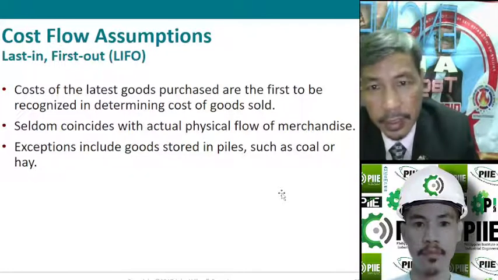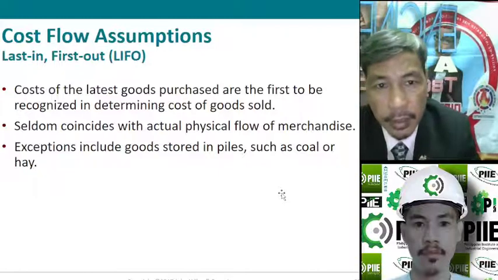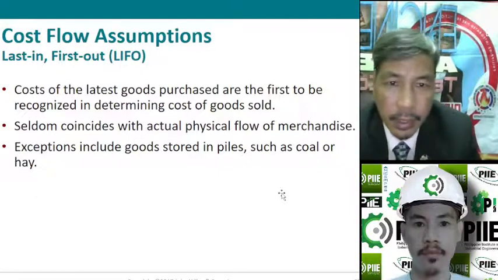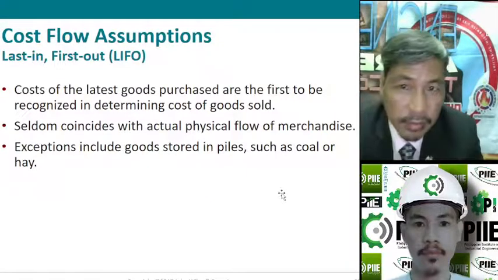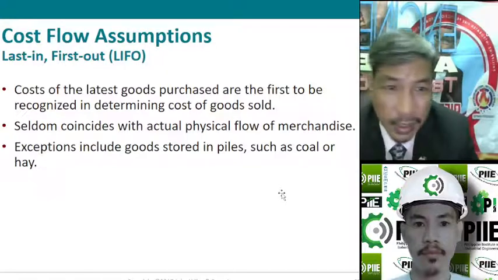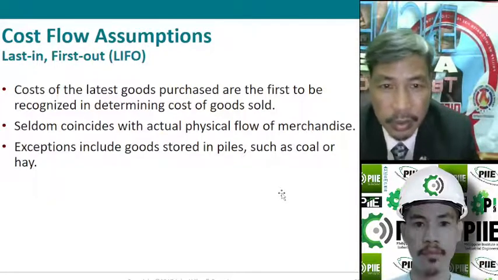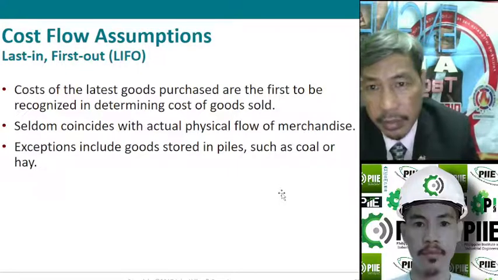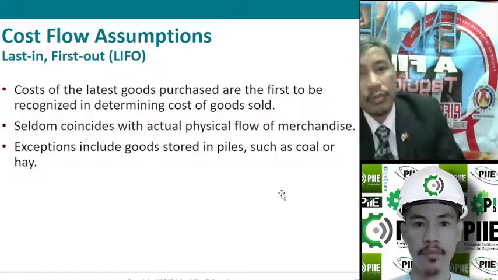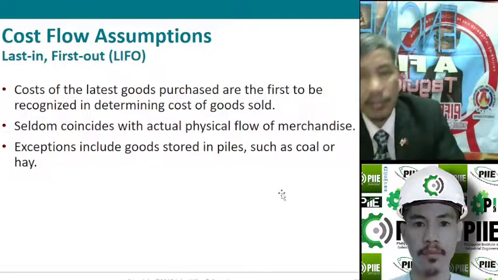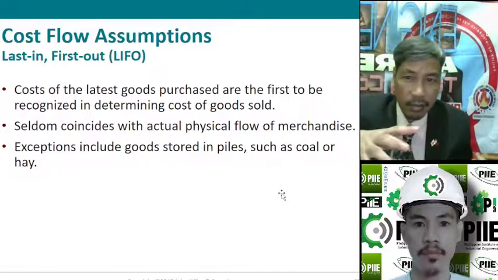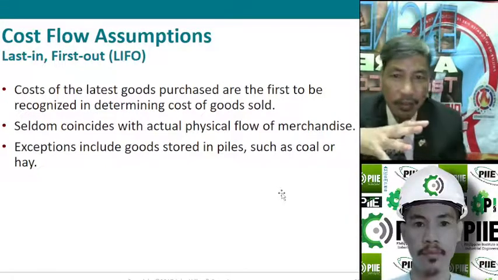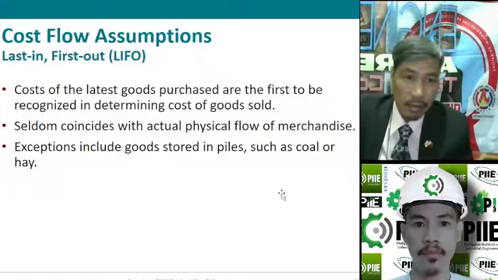Okay, how about the third one, LIFO method? Cost of latest goods purchased is the first to be recognized in determining cost of goods sold. So it seldom coincides with actual physical flow of merchandise. Exceptions include goods stored in piles such as coal or hay. So those that are last in will be first out, because how can you take out the inside portion of the piles of hay?